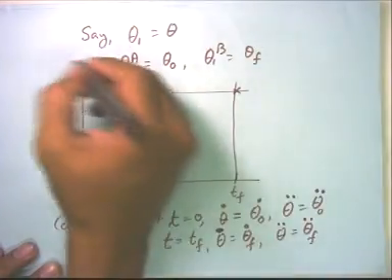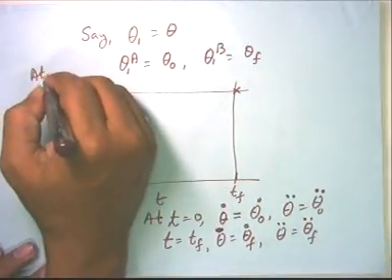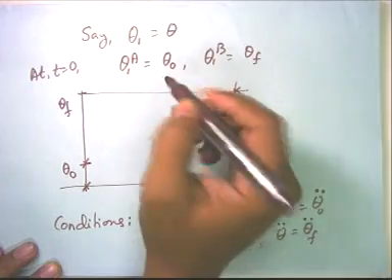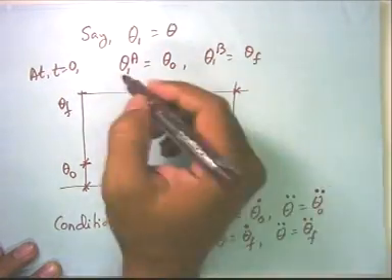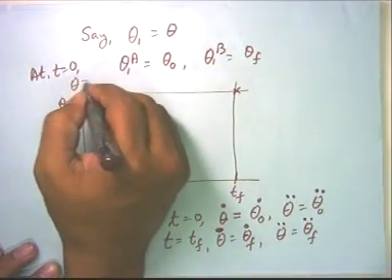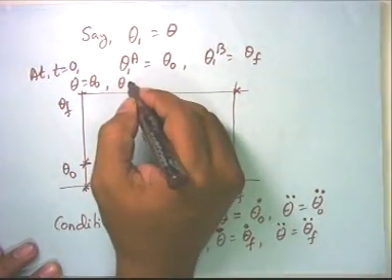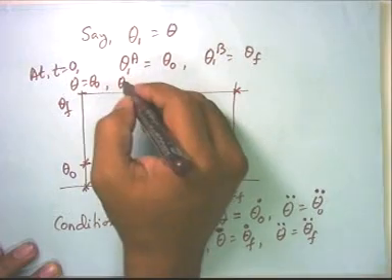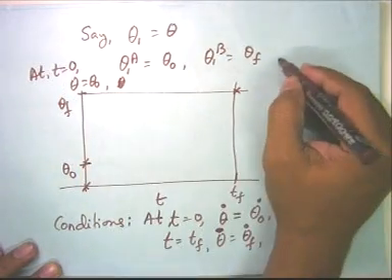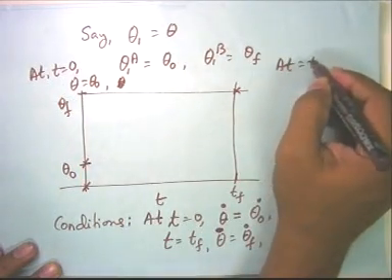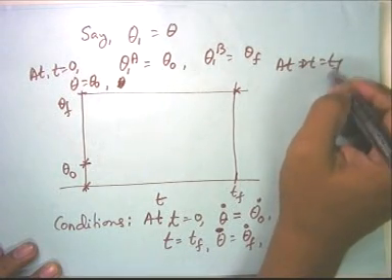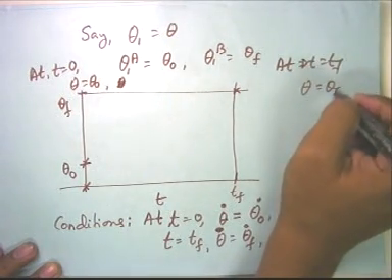I have here that at t equal to 0, theta is theta 0, and at t equal to Tf I have theta is equal to theta f.